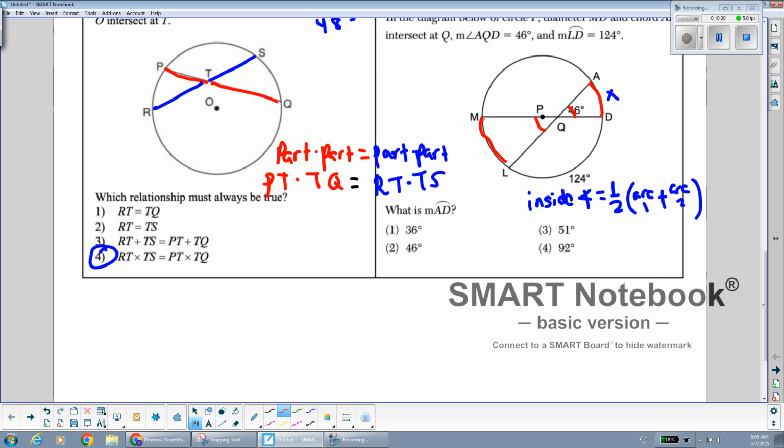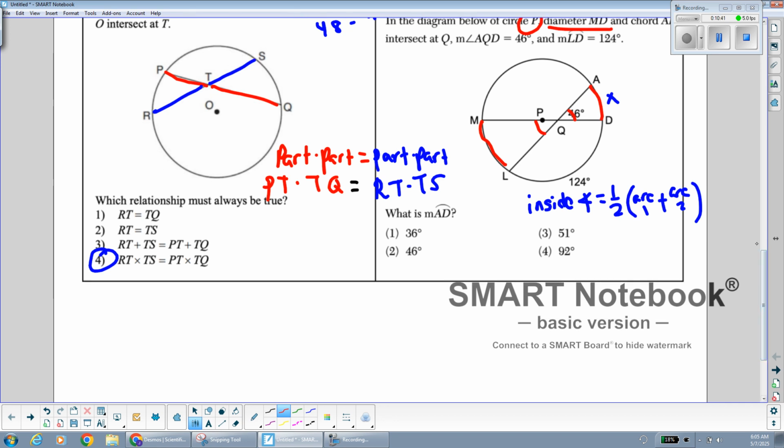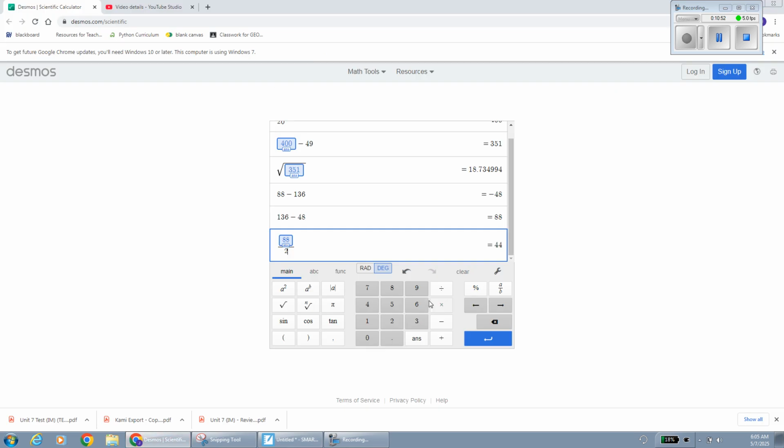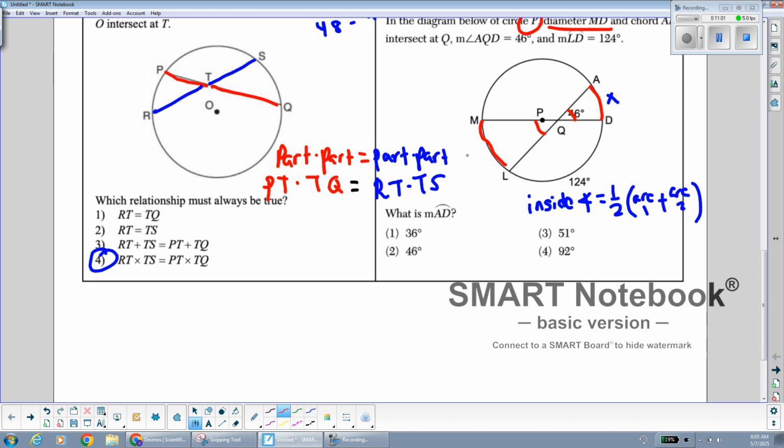But luckily, MD is a diameter, P is the center of the circle, and we know that for sure because it does say circle P, which means P is the center, and it does say diameter MD. So that means from D to M is halfway around the circle, and that's 180 degrees. So if I do 180 minus 124, I get 156, which is the other arc.